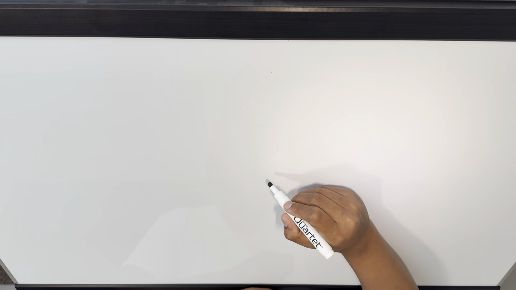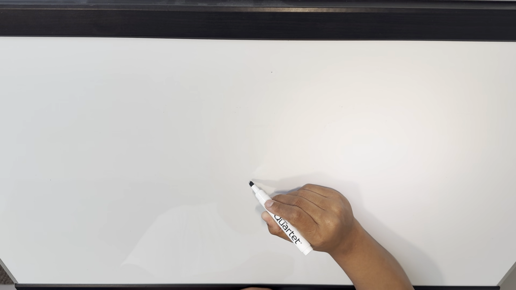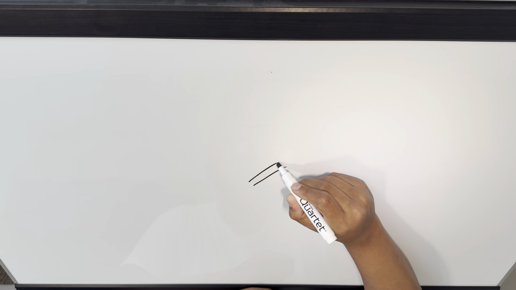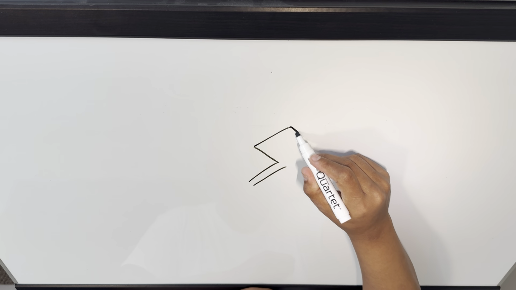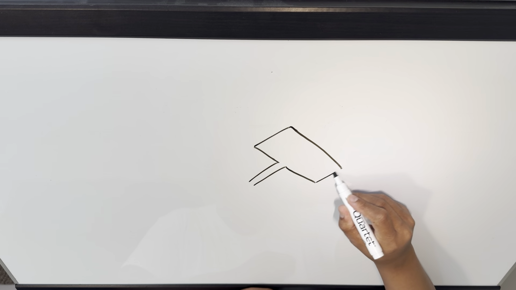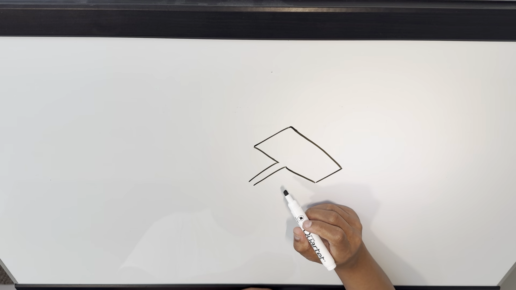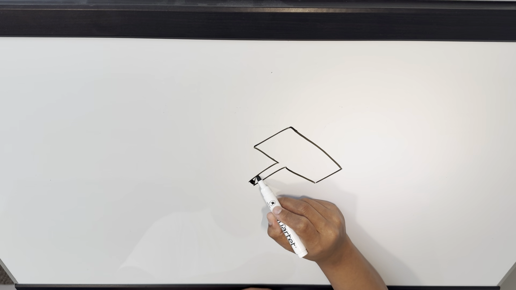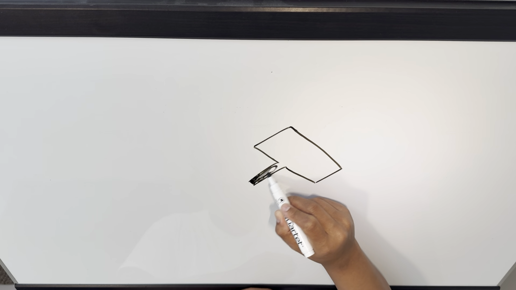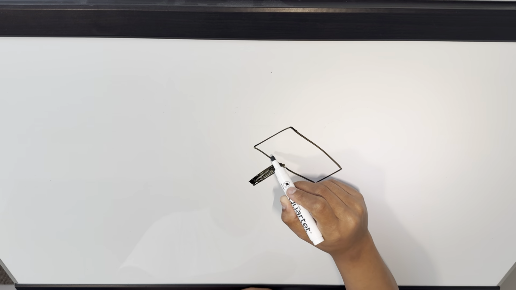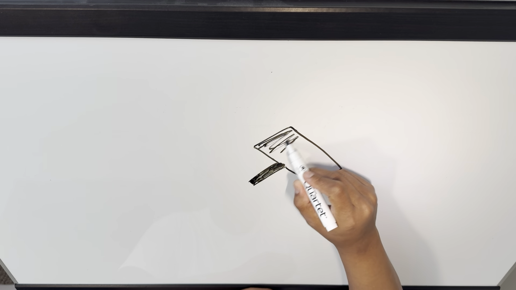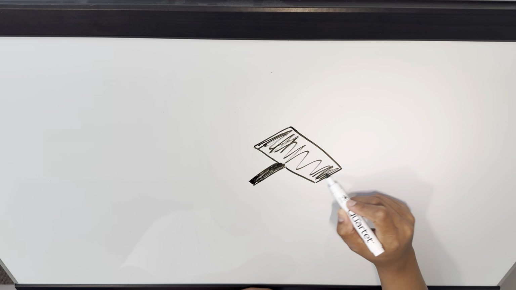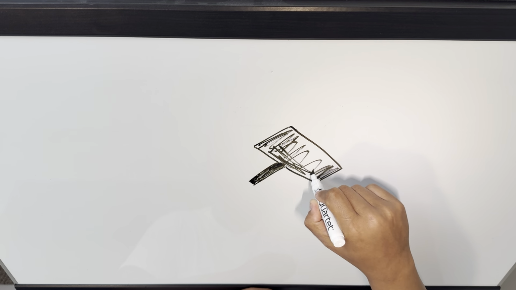So let's say we have a hammer here, right? And this is a very basic kind of hammer. Okay, we have a hammer here. All right, so this is our hammer, right?